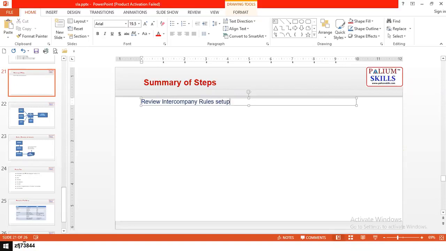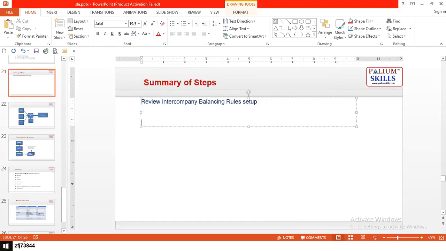This is what we did in the intercompany rules, the balancing rules setup. Then we entered different types of journals and reviewed them.